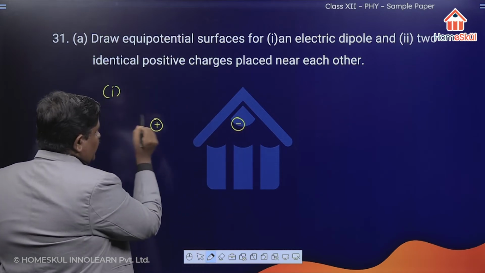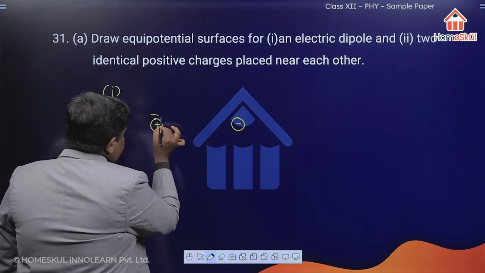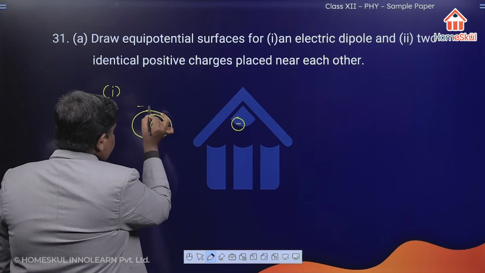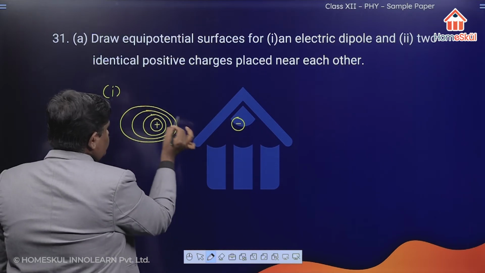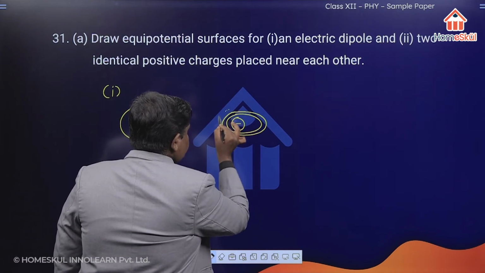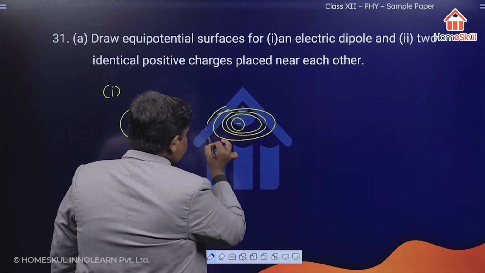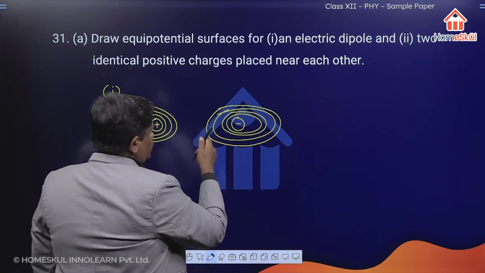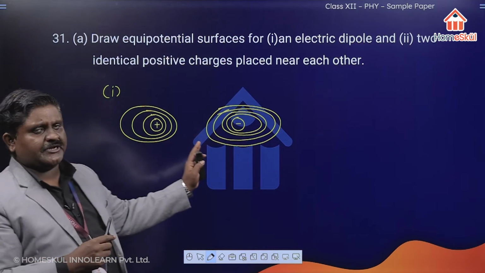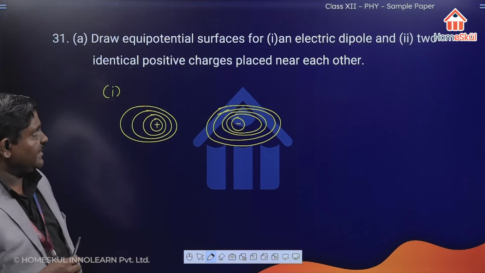While drawing the equipotential surface, we have to draw like this. This is the representation of equipotential surface for an electric dipole.